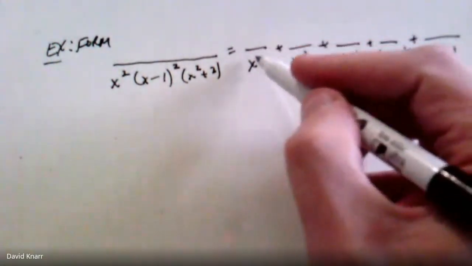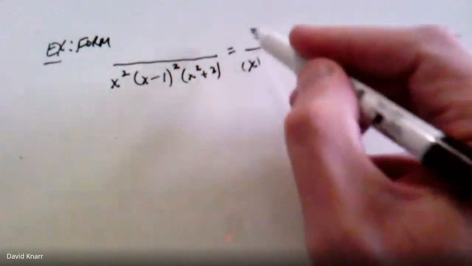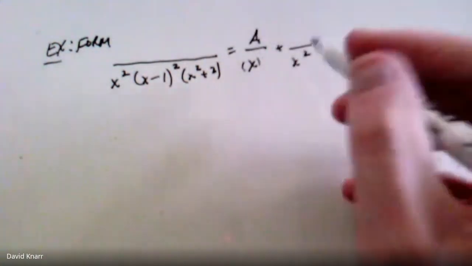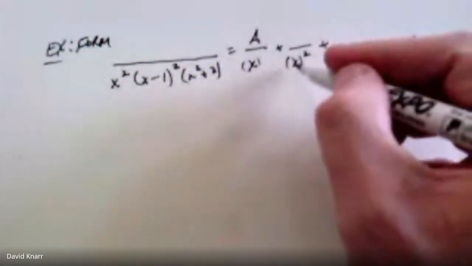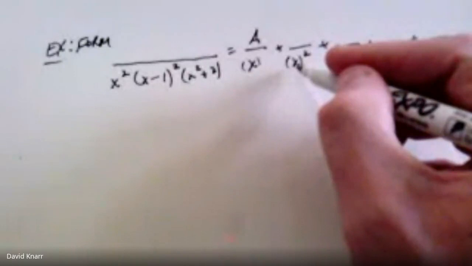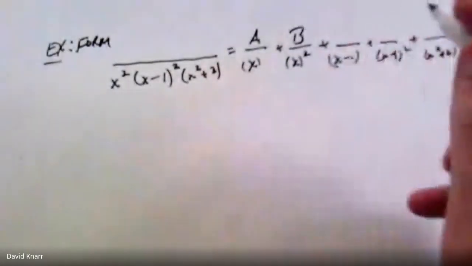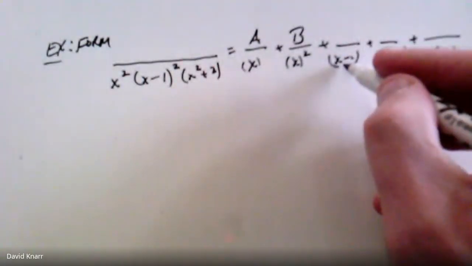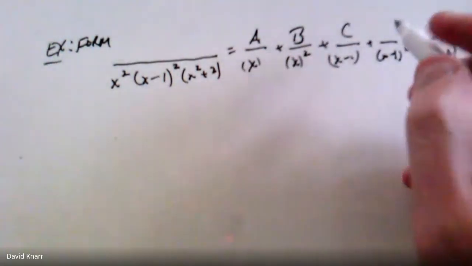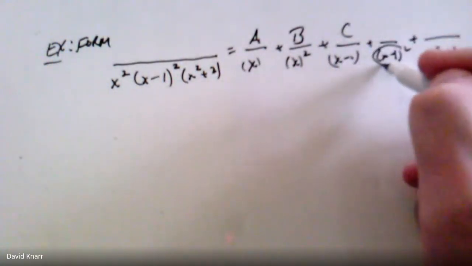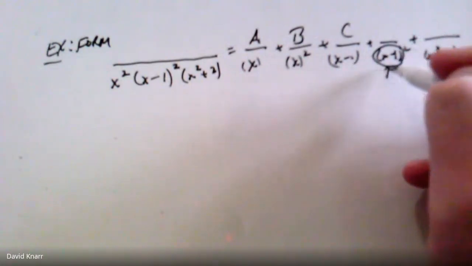Now, here is a linear factor, x. On top, you put a number, a. Here is a linear factor that's being squared. It's a linear factor. So on top, you put b. Here is another linear factor, x minus 1, so on top, c. Here is another linear factor. I don't care that it's being squared at the end.